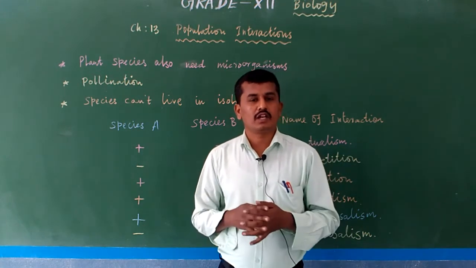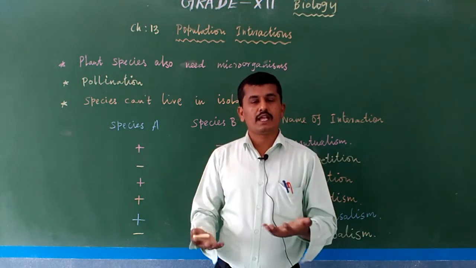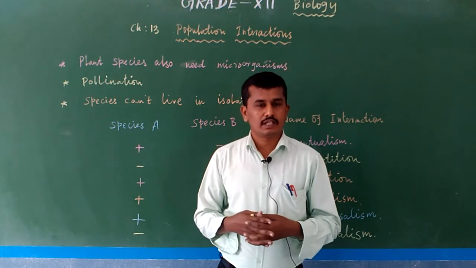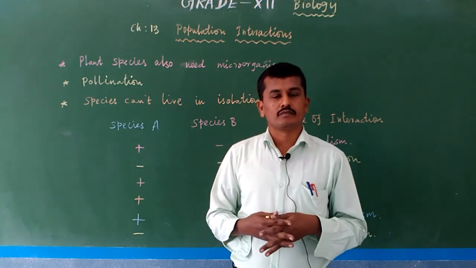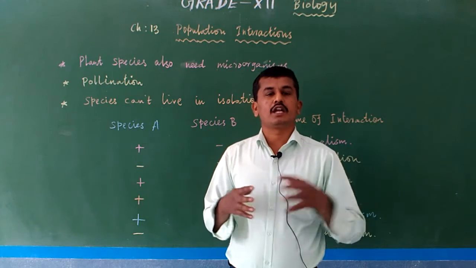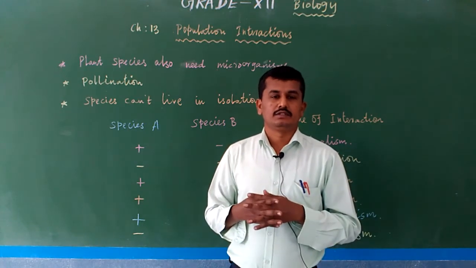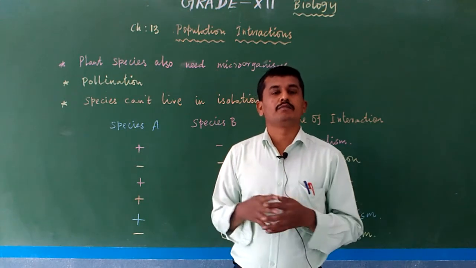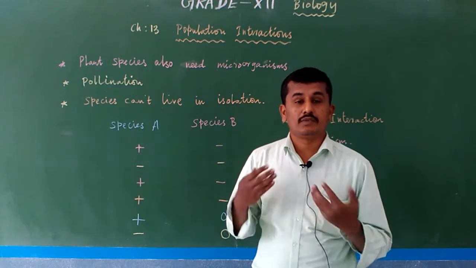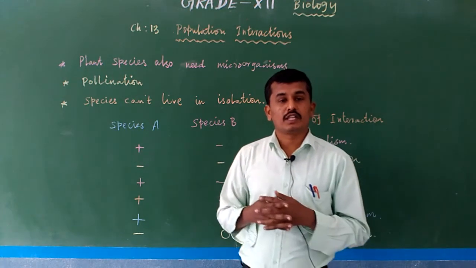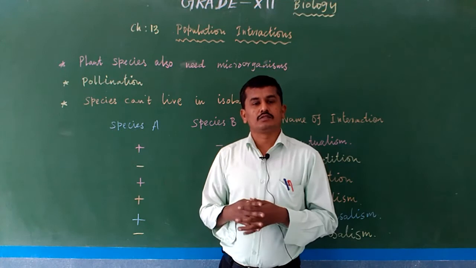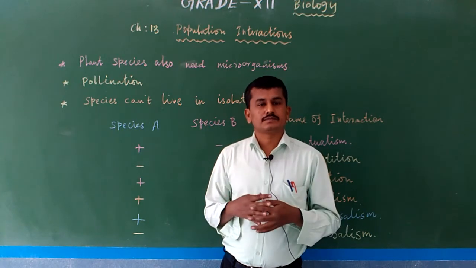For human beings, for example, we need plants for our food, for our survival, for our oxygen. So, the human population is dependent on the plant population, particularly various types of plants, for food, for survival, and for wood.